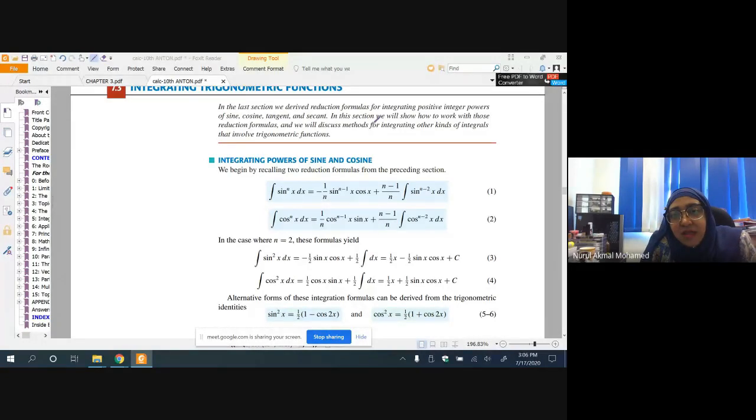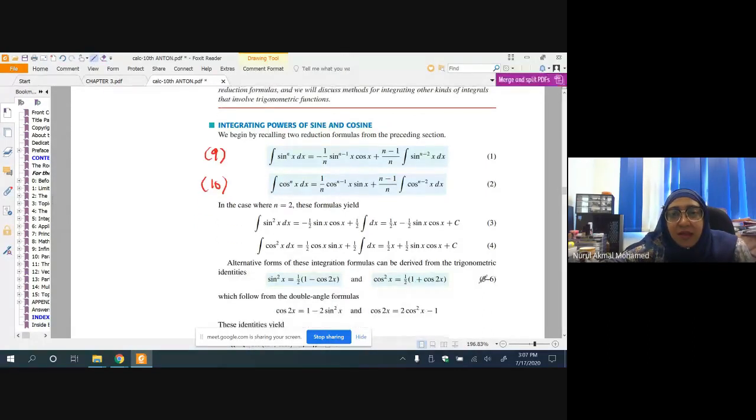This is the same formula as before. I think this is equation 9, and this is equation 10 from the previous topic.